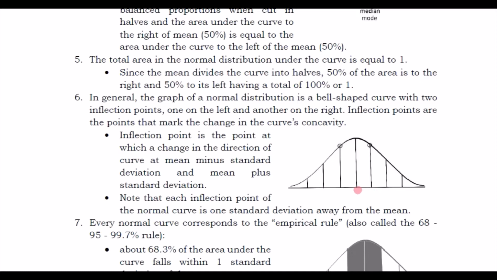So the interval is 1 standard deviation. Okay, and another interval from the middle to the left. Okay, that is 1 standard deviation. Okay. Note that each inflection point of the normal curve is 1 standard deviation away from the mean.